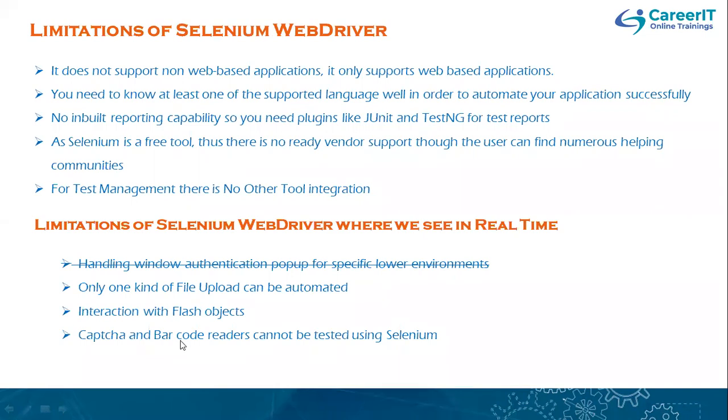There we can request the development team to disable those captchas so that we can proceed with our automation execution. So even if captchas are there, you can alternatively proceed by asking them to disable them in the lower environments. So these are the limitations, guys, but most of them are not hard stops for Selenium. There are alternate ways to achieve those things.